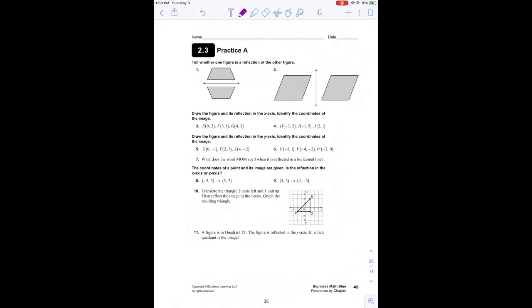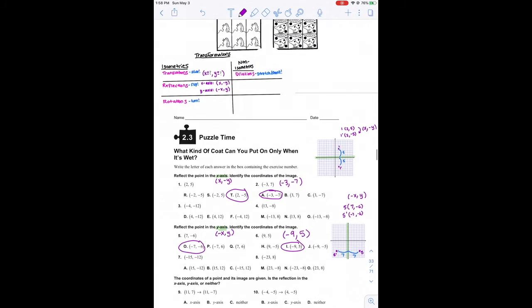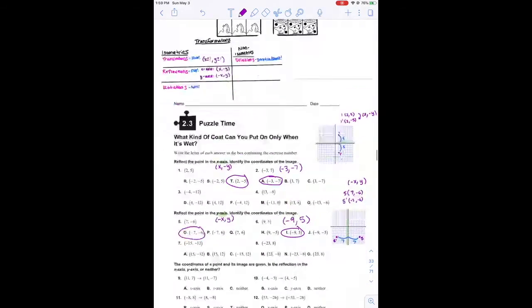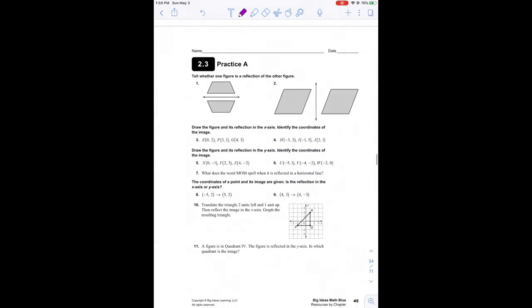So you're basically just saying, did it go over a mirror or not? And then some of the questions ask you to actually do the reflection, so use those rules we just did. Back to this, you could take a screenshot of these rules and put the screenshot on the next page so you could reference it while you work.